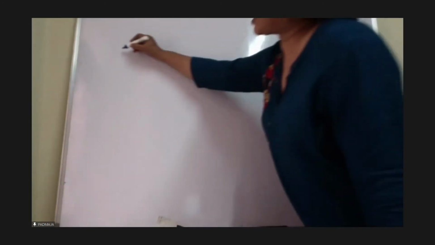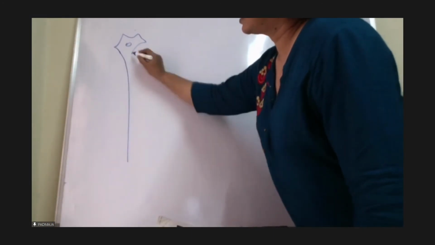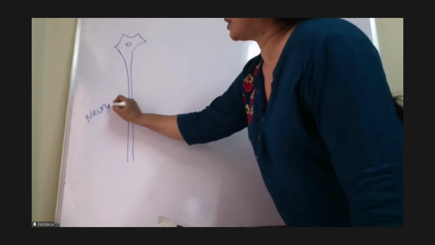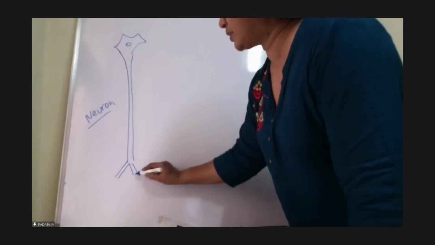Next, you know very well already. In the first class, we finished the neuron structure. This is one neuron cell, the structural and functional unit of the neural system.